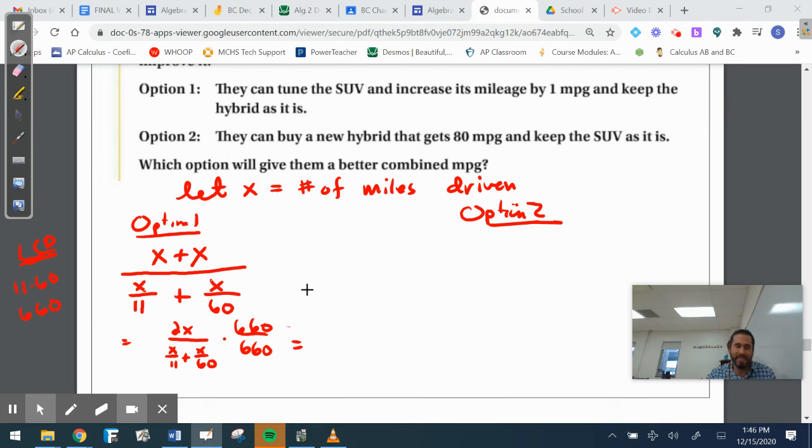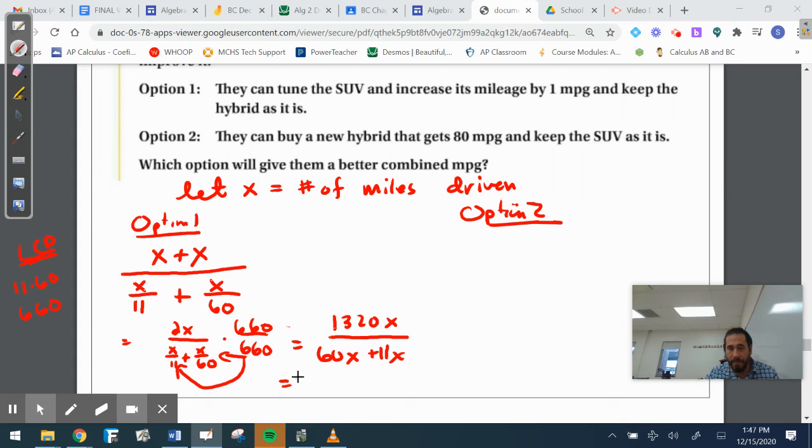I just need to double 660, which would be 1320x over, if I multiply all of that. 660 times x over 11 gives me 60x, and 660 times x over 60 is 11x.